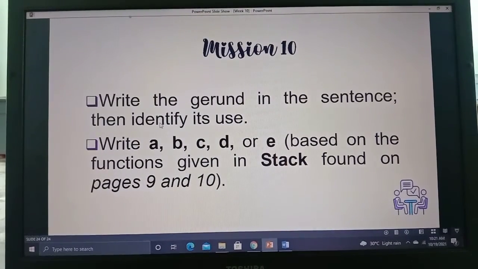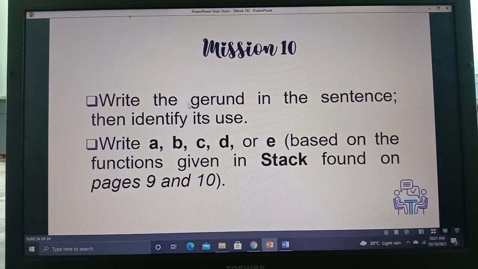Kung dun ba siya sa A, magbe-base kayo dun sa 9 to 10 sa stock. A, kung subject siya as subject of the sentence. B, kung as complement of a sentence. C, kapag direct object. D, kung as object of a preposition. And E, kung as a appositive siya dun sa sentence.